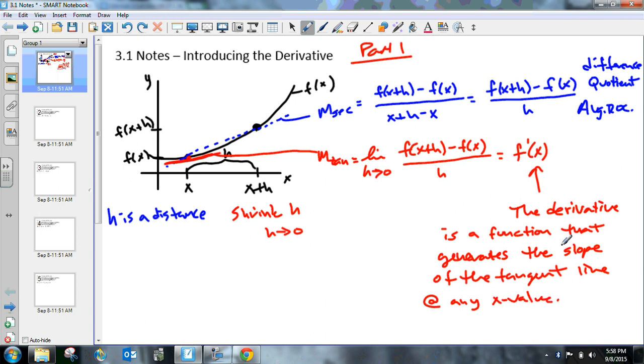Okay? And that's just my way of saying what the derivative is in layman's terms. The derivative is a function that generates the slope of the tangent line at any x value.